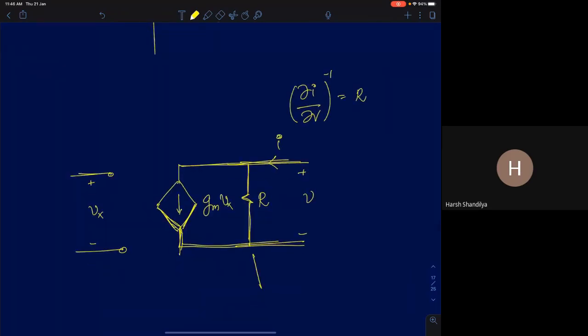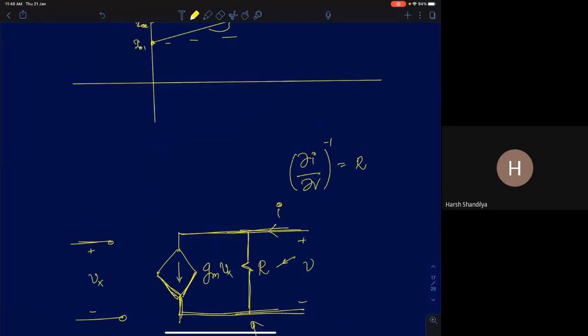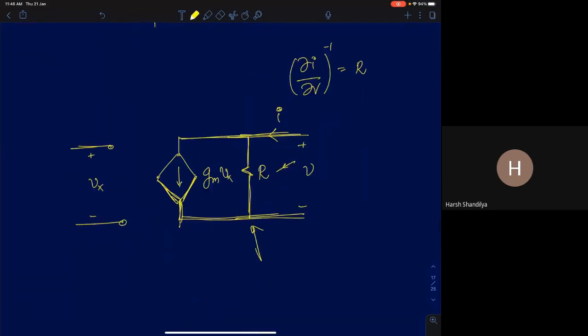So the same model with a resistor in parallel: a VCCS with an R in parallel. It's the same way as providing a resistance in parallel for a current source. For a voltage controlled current source as well, I'll have a resistor in parallel. That's the mathematical model we have developed for a characteristic that looks like this.